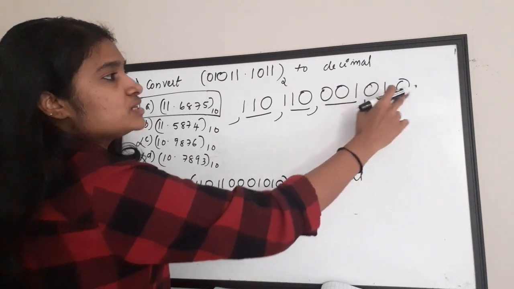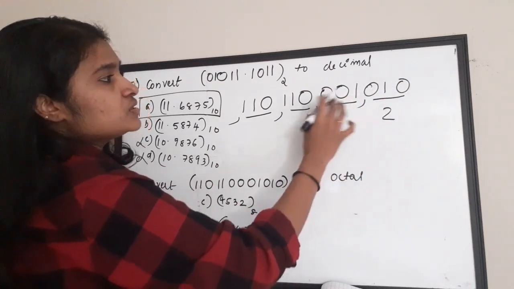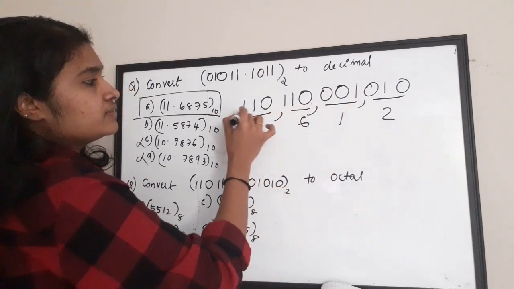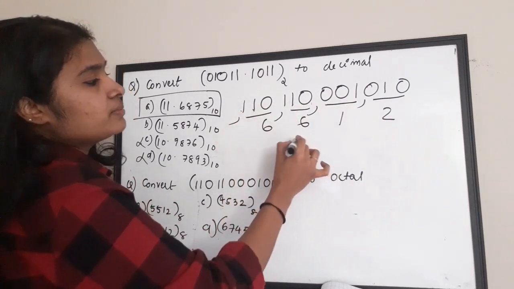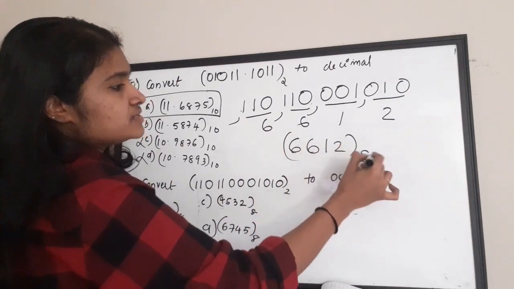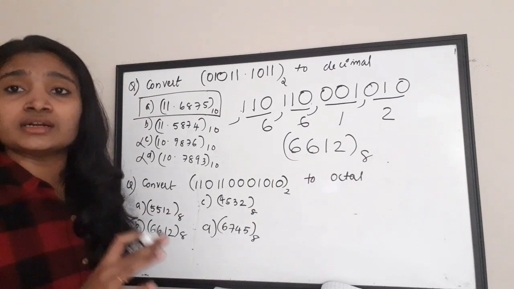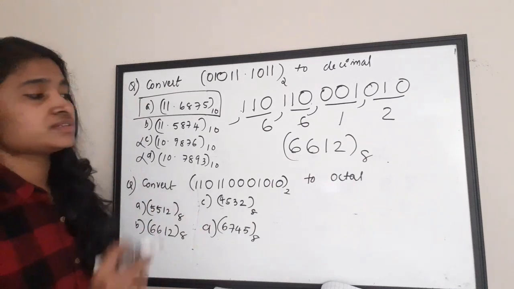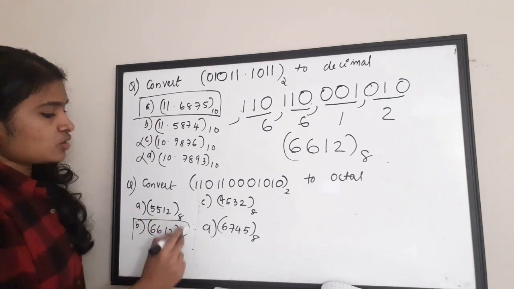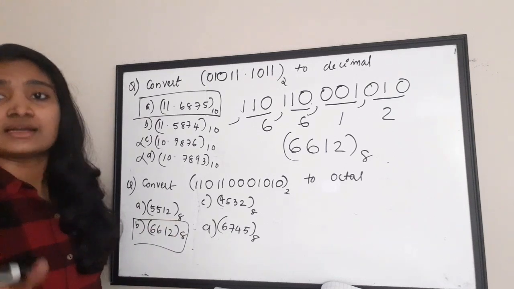That is 010 means it is a 2. 001 means it is a 1. 110 is a 6. 110 is again a 6. So the number will be 6612 to the base 8. This is how you can convert a binary number to octal format. So the correct answer will be 6612, or your option B is your correct answer.